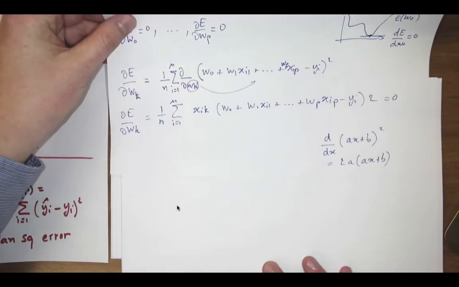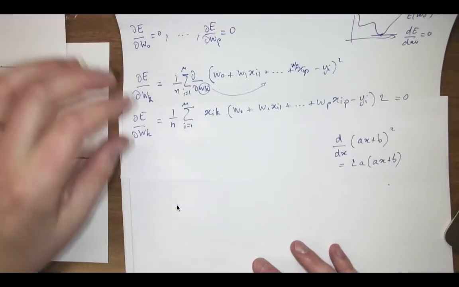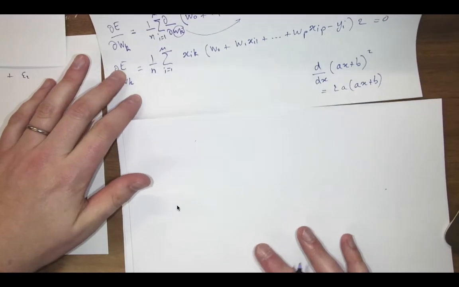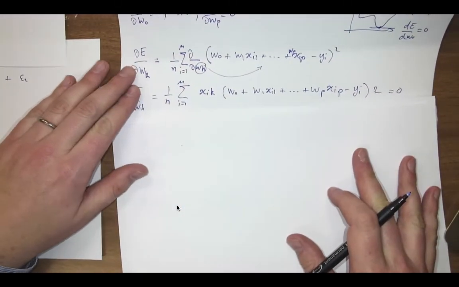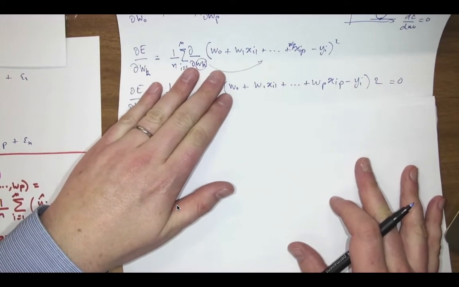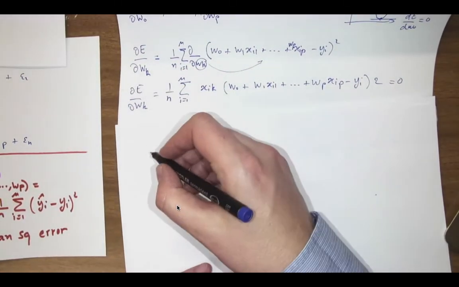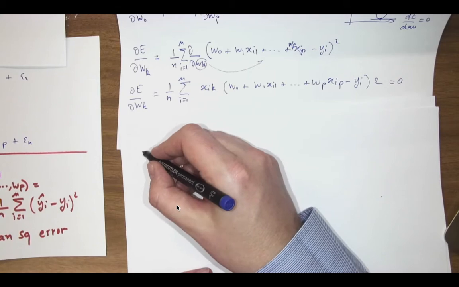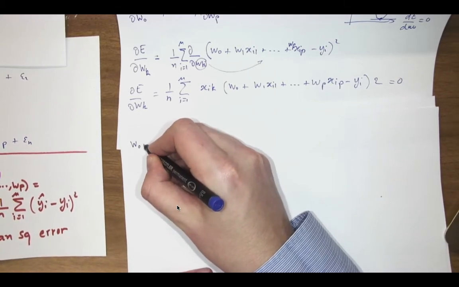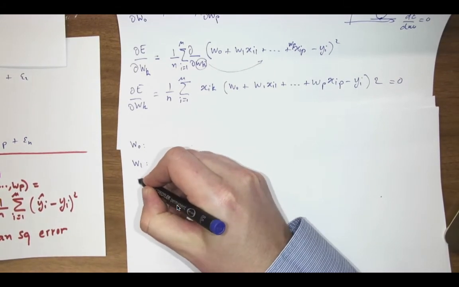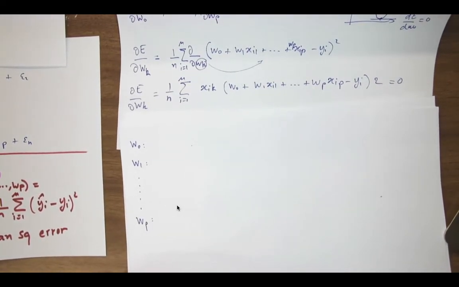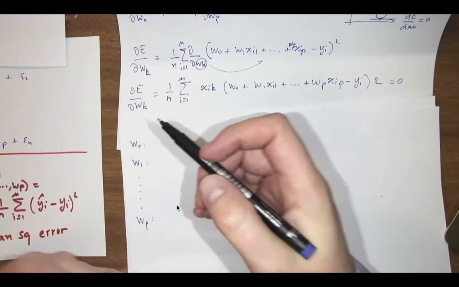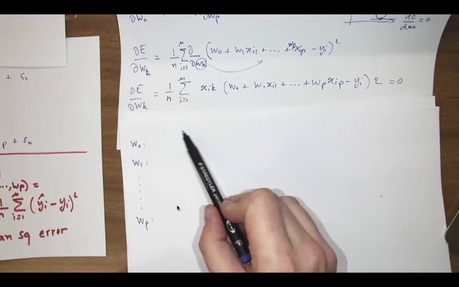So basically, for each of the w's you have, you're going to have an expression that equals 0.